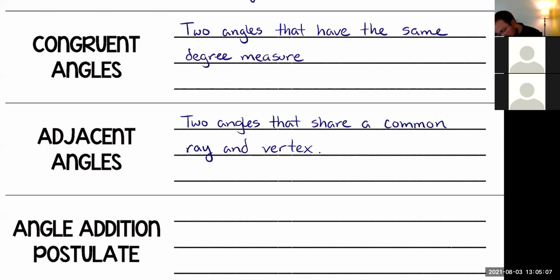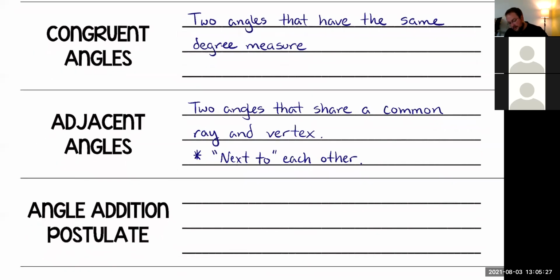In other words, we could say, I'll make a little subnote here, we could say that they are next to each other. So two angles that share a common ray and vertex.